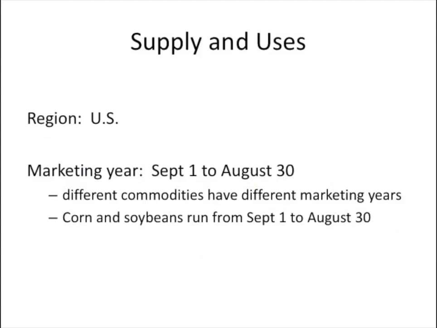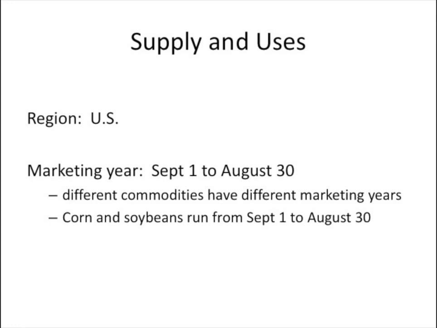Again, let's review supply and use. It is typically for a region. The above example was for the U.S. You will use data in this course for all countries, or we have supply and use statistics for all major countries in the world.